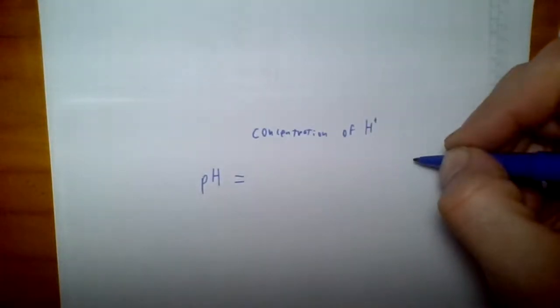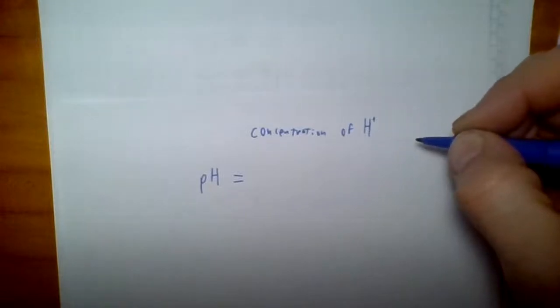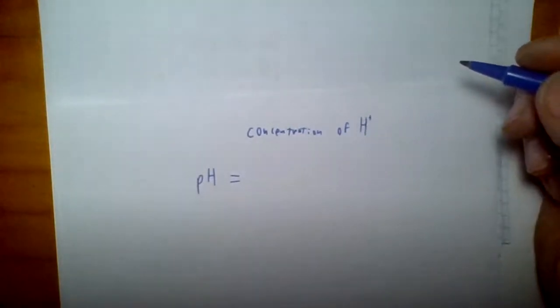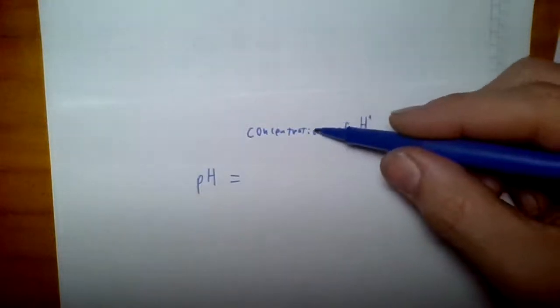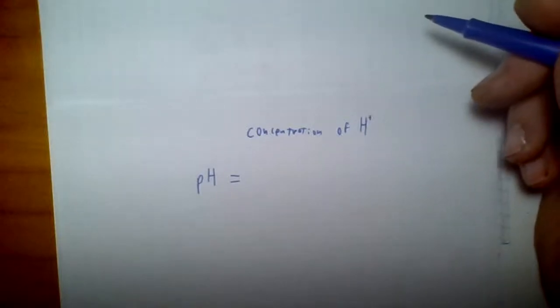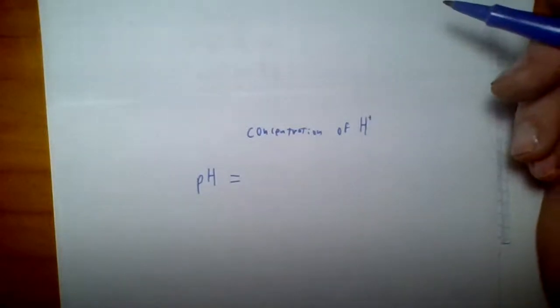It's going to look like this. This H plus is the chemistry symbol for the hydrogen ions that are in there. How much of that it has determines how acid or base it is. But the concentrations are tiny little numbers. They're like 0.000 something, or even smaller than that.